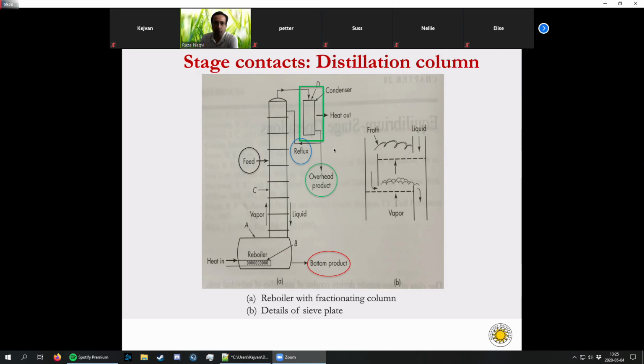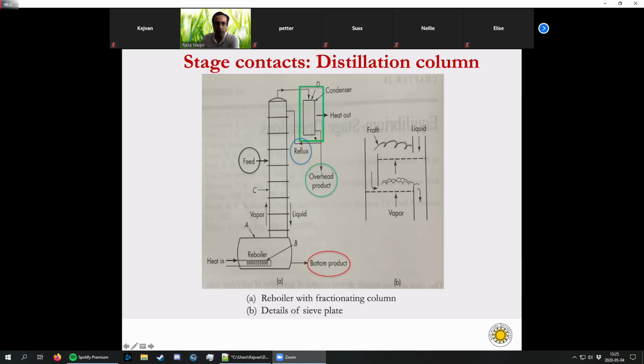And the reason for sending this kind of material back to the column is that if we do not send that material back, the upper plates which are above the feed plate will just get dry because they will not have any liquid. But if there is no liquid in contact with the vapors, there will be no separation and the vapor will keep on going and we cannot achieve high purity.